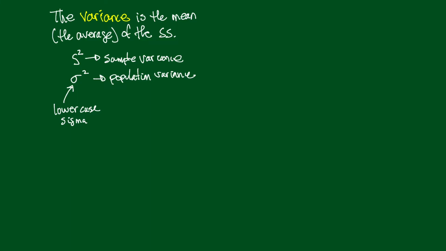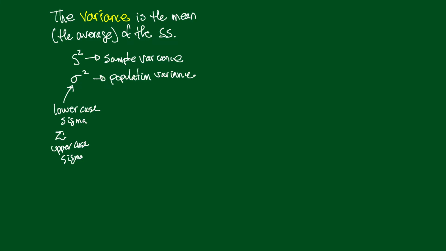Right, the uppercase was this one. Remember this one? Summation. That's an uppercase. All right, so if you use the Greek letter, you're talking about the entire population. If you use an English letter, then you are talking about a sample.